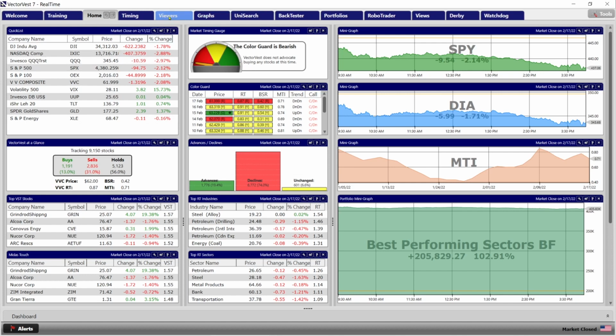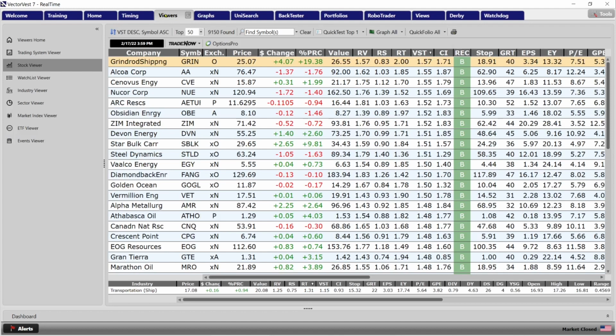So let's look at the stock viewer right here at the top. And it opens up all 9,000 stocks in the US database, but they're sorted by value, safety, and timing. So combining the fundamentals of relative value and relative safety along with our technical indicator, the RT, and that's that indicator of trend, momentum, and dynamics of the move.